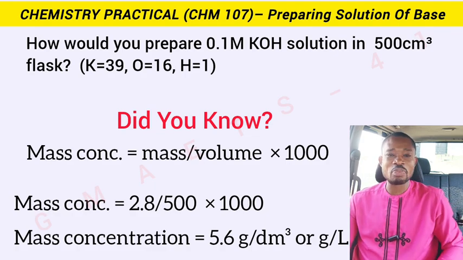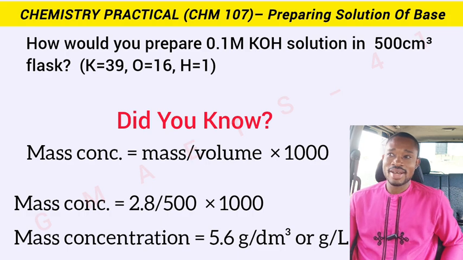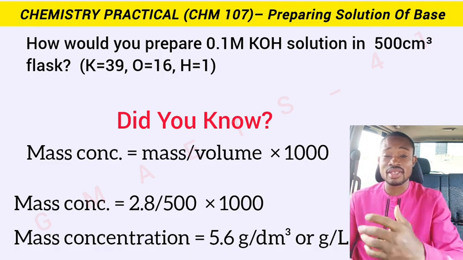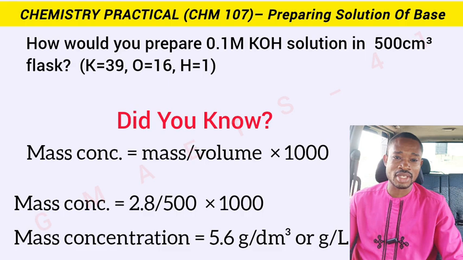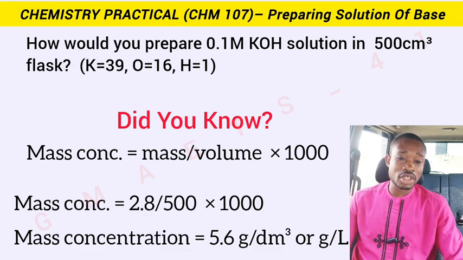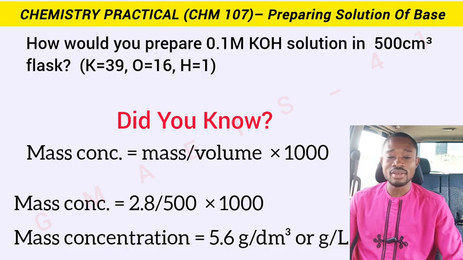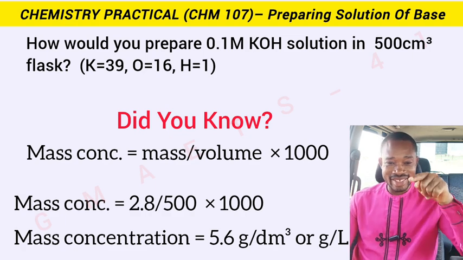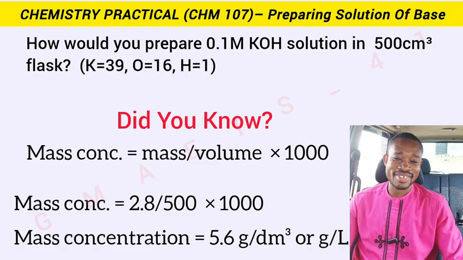So with respect to this particular solution, assuming that an examiner prepared a solution using 2.8 gram of the base dissolved in 500 cubic centimeter of the solution, the mass concentration of the base is going to be 5.6 gram per dm cube, or per liter in this particular case.